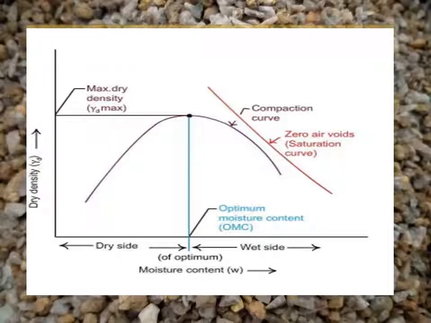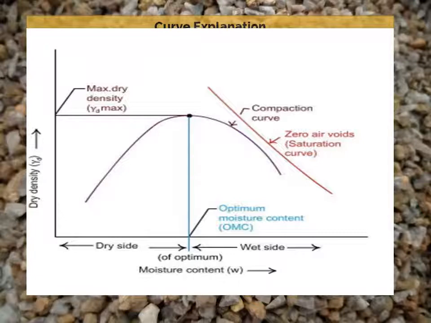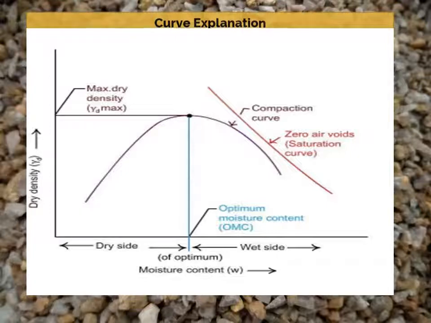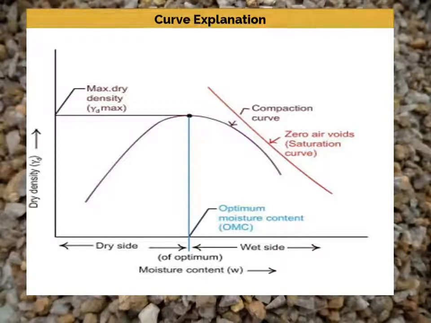Compacting at water contents higher than the optimal moisture content results in a dispersed soil structure that is weaker and more ductile, less pervious, soft and more susceptible to shrinkage than soil compacted drier of the optimal moisture content. Soil compacted lower than the optimal moisture content results in a flocculated soil structure that has the opposite characteristics of the soil compacted wet of the optimal moisture content to the same density.